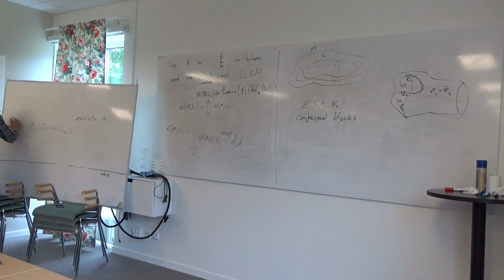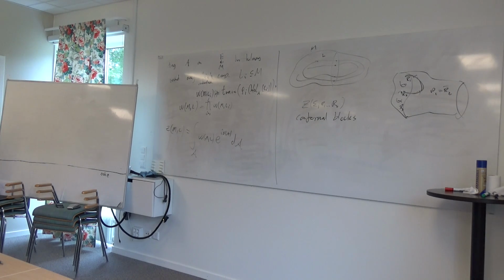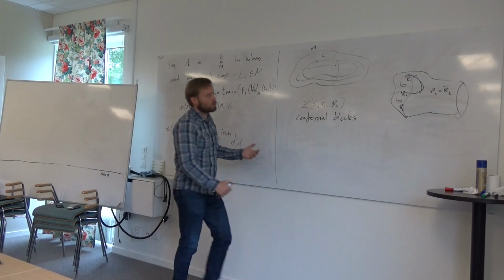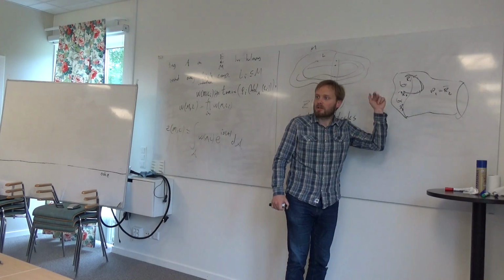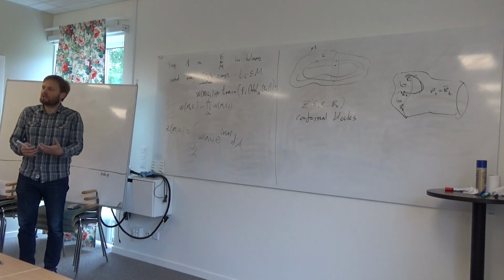It was proved that these things satisfy the formal properties of a topological quantum field theory, even with these decorations and everything. So to calculate these, you can cut up and see what happens.